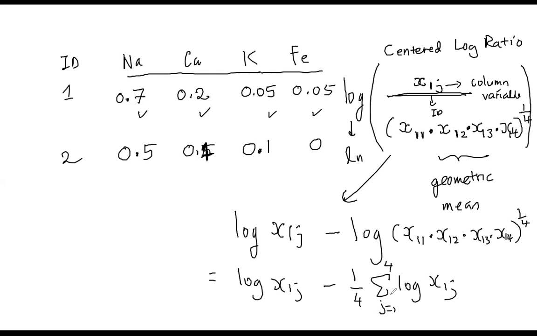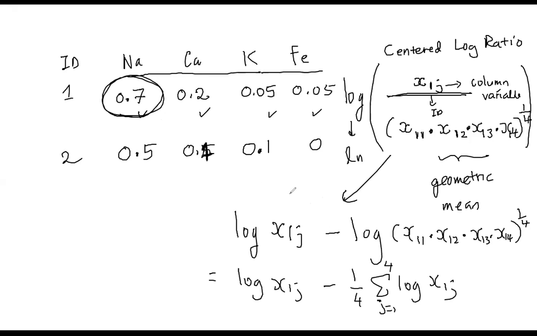So very easily, to do the centered log ratio, you log this value, and then you subtract the average of the logs of every one of them. That's all.